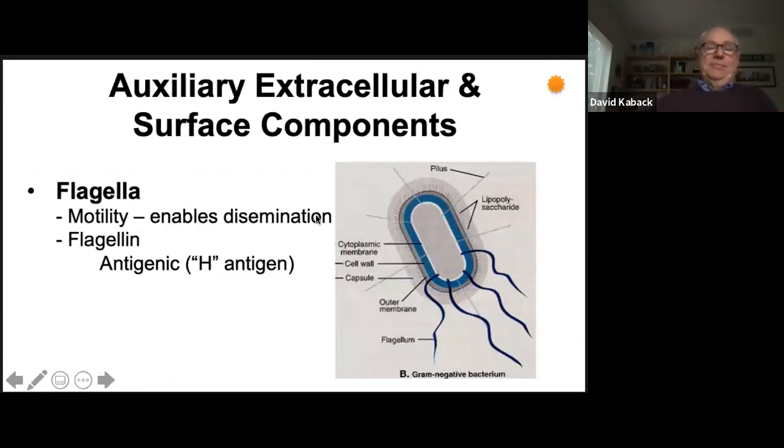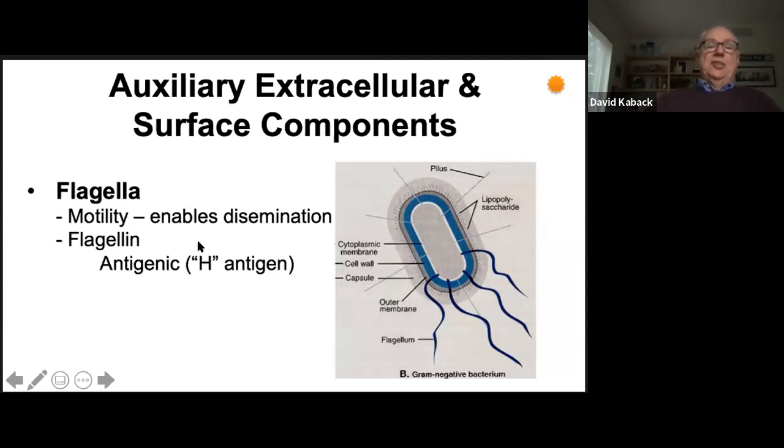In addition, on the outside of cells, bacteria have flagella. These flagella are important for motility because they enable that bacteria to swim out in the environment and essentially find other cells.